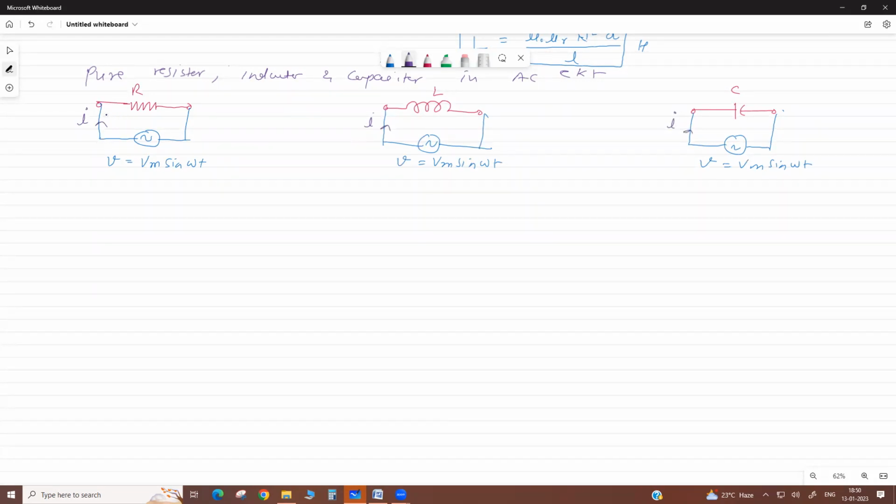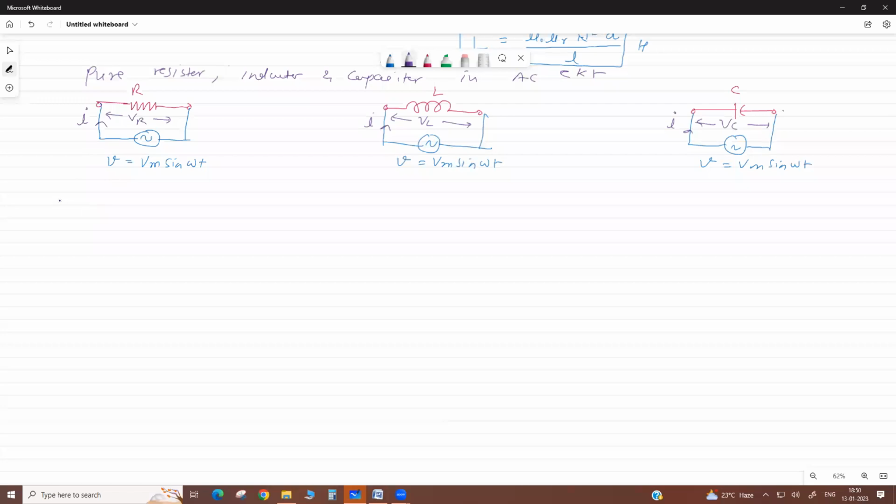Now, due to this current, the voltage drops across R, L, and C are VR, VL, and VC.